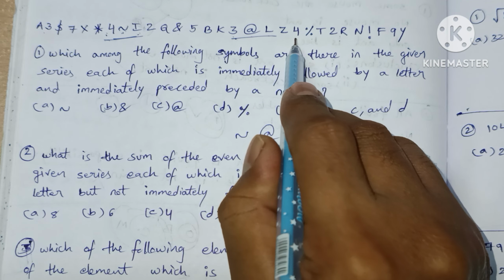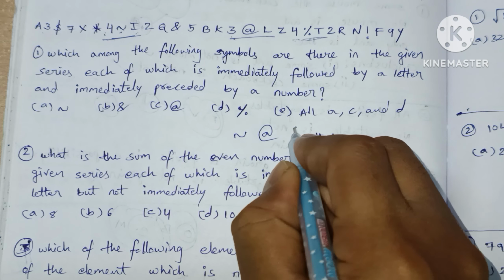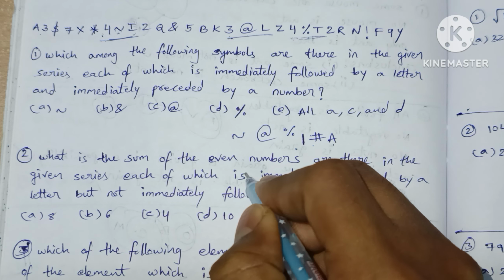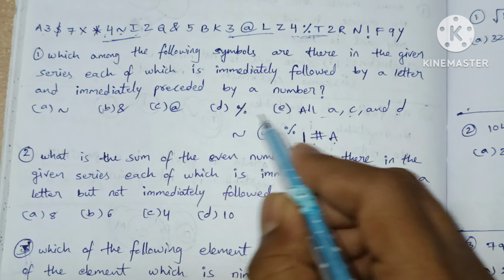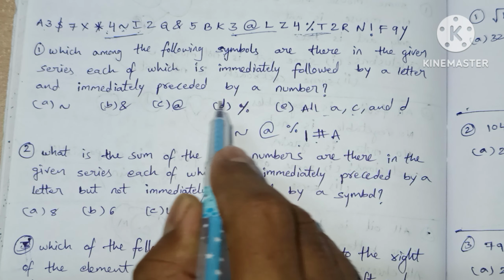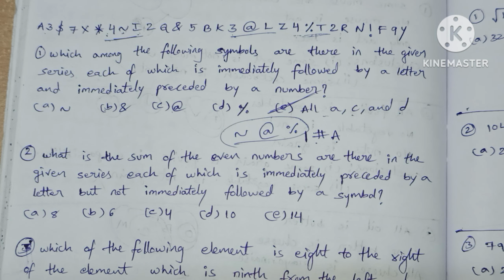Here symbol before number, after alphabet, so percentage also comes. We have A, C and D as the other options. So option B is true here.